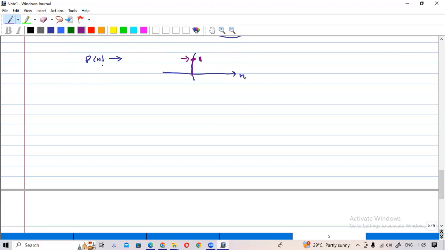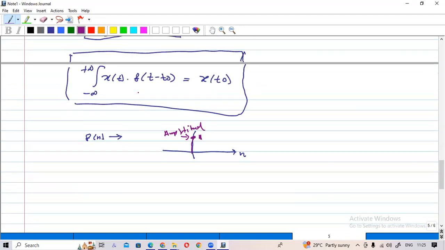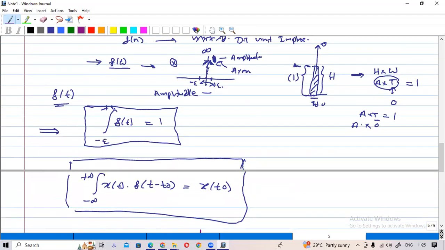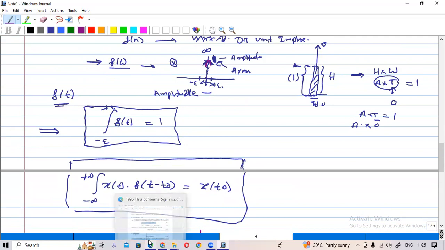In case of a discrete time signal, this is amplitude. But remember, in case of a continuous time signal, you have an arrow here and put 1. This is not the amplitude, that is the area. So if you need more information, you can refer to this book.